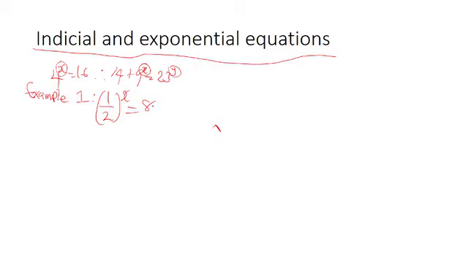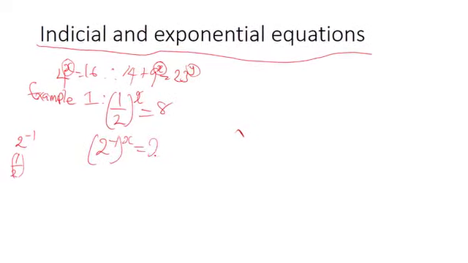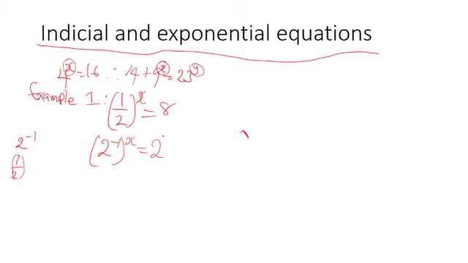Now remember the law of negative index. I said when you have 2 raised to power minus 1, it's the same thing as 1 over 2. So since we are having 1 over 2, let's convert it to 2 raised to power minus 1. So now we have (2^-1)^x equal to 8. We are trying to convert it to indices. 8 is 2 raised to power 3.